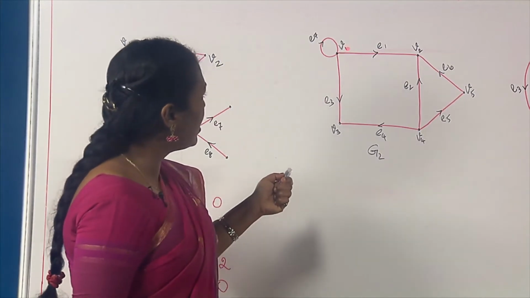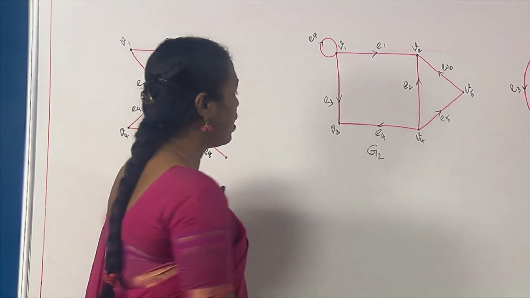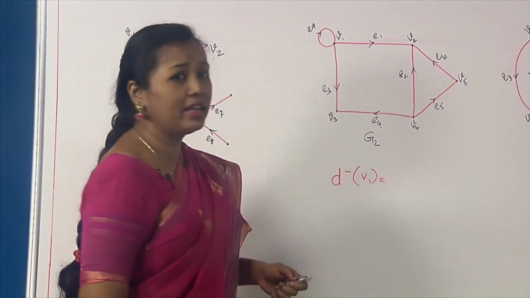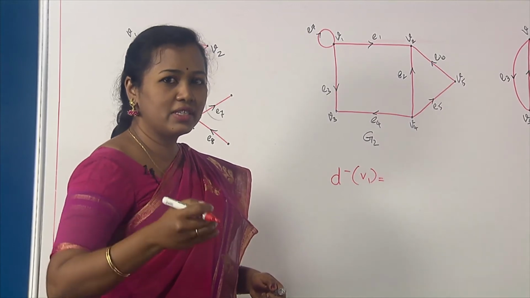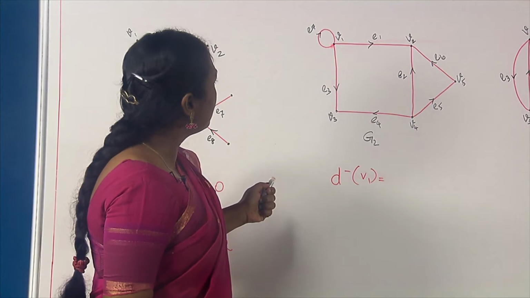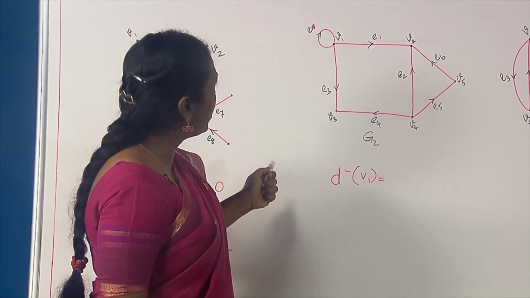Let us calculate the in degree and the out degree of this vertex V1. So in degree is, as we know, the number of edges going inside. Which means that here there is only one edge that is going inside V1.